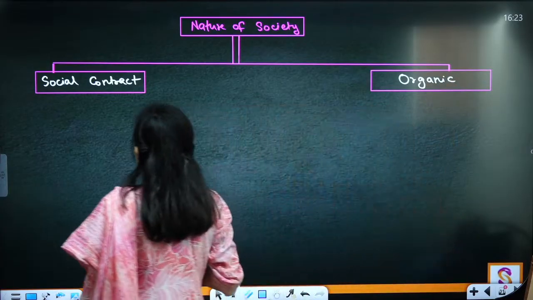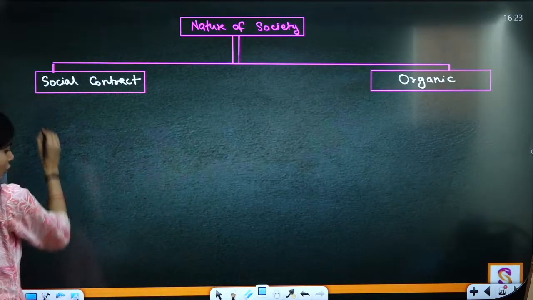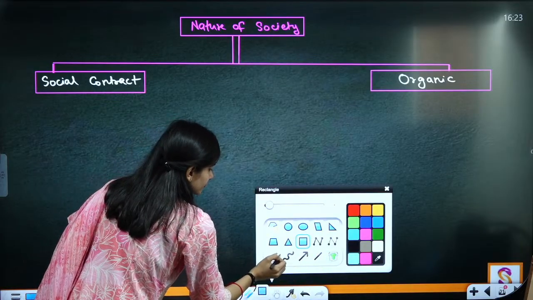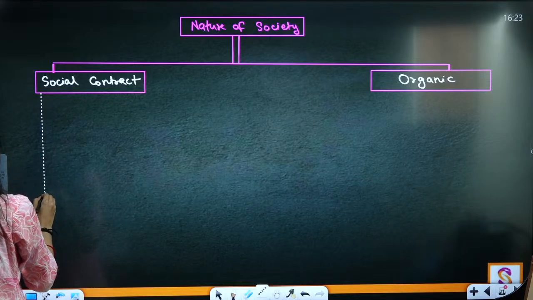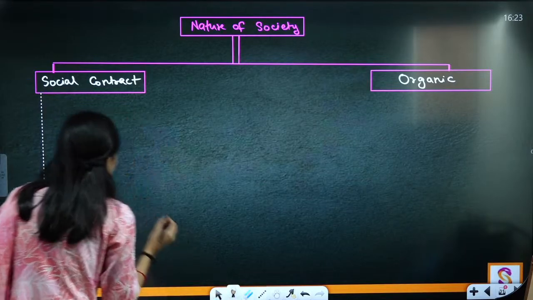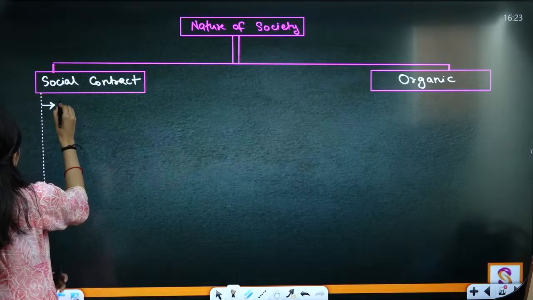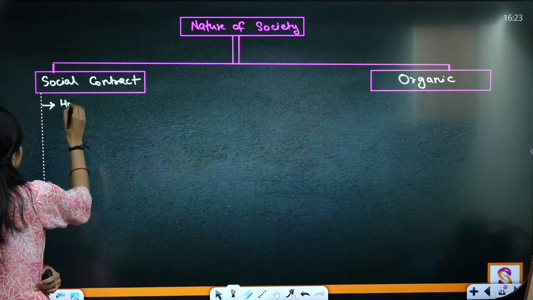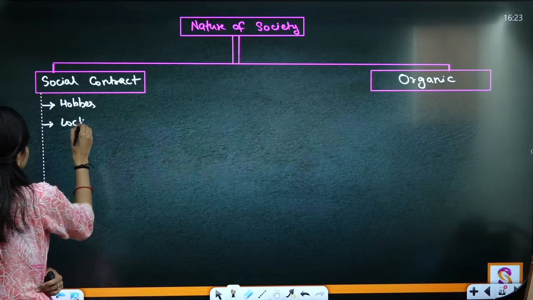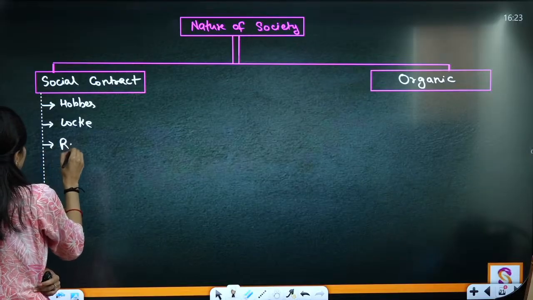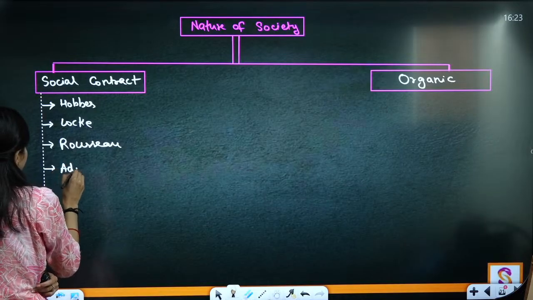While explaining the social contract theory, we considered the thought process of some thinkers. The first one we took up was Hobbes, then Locke, then Rousseau, then Adam Smith.